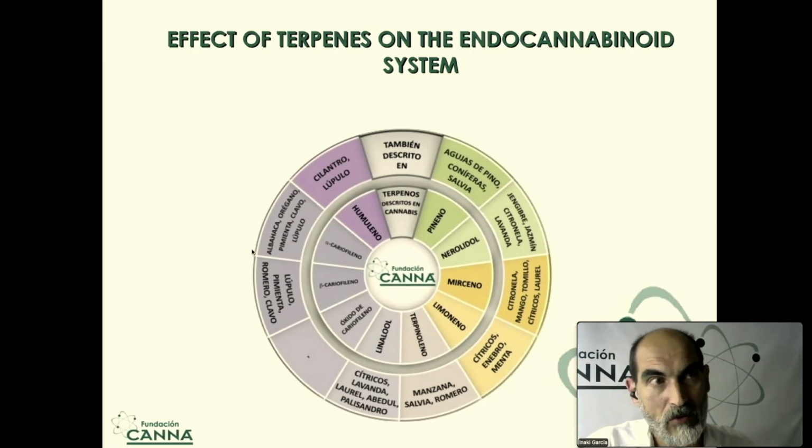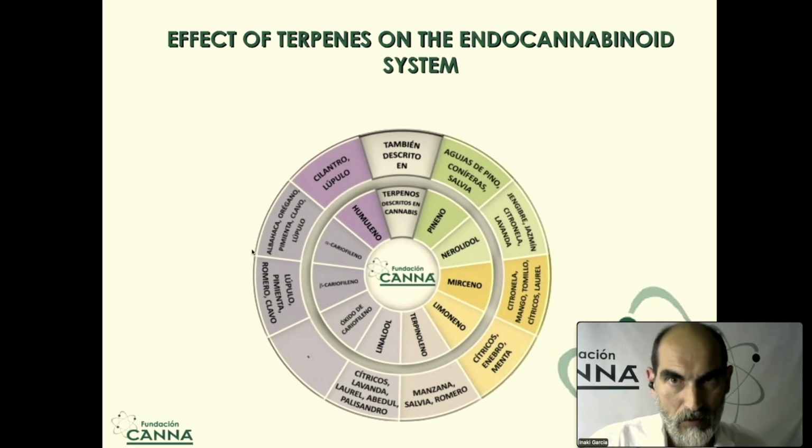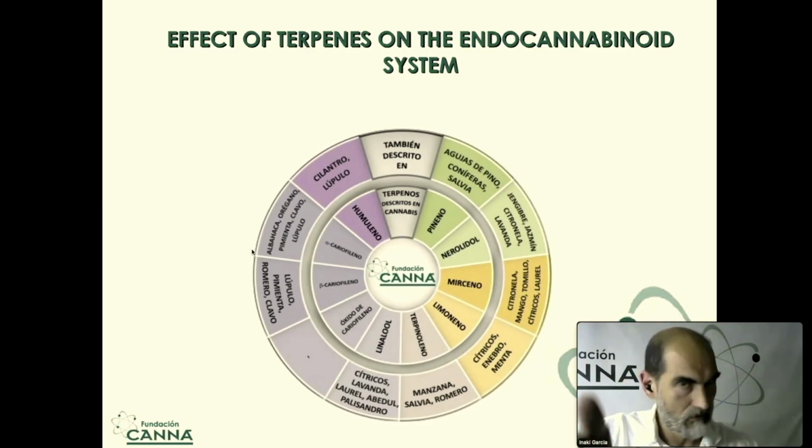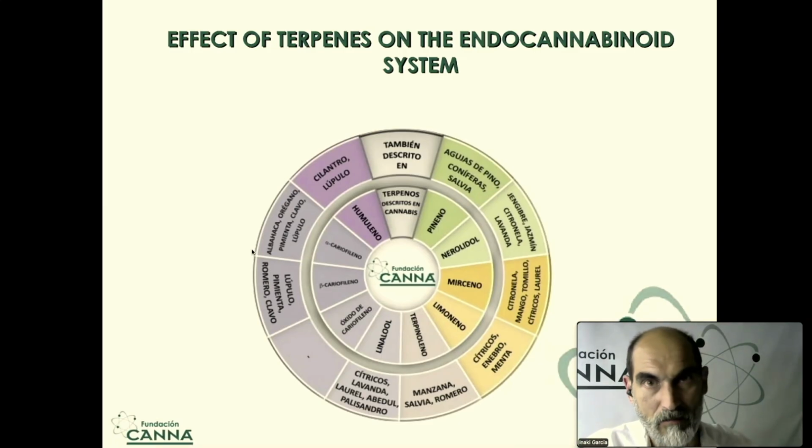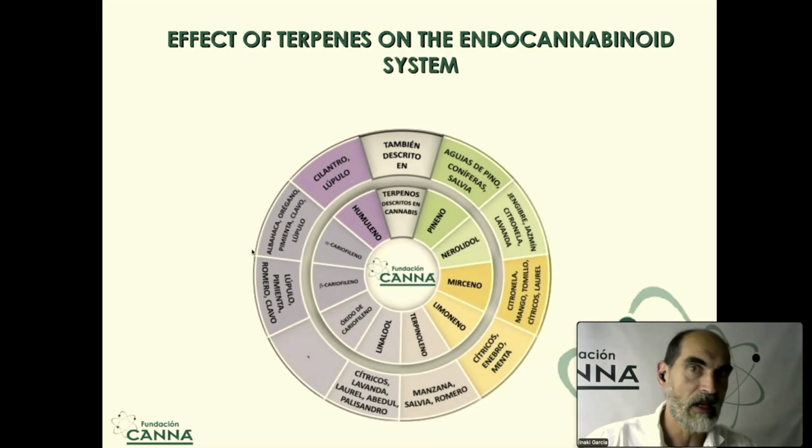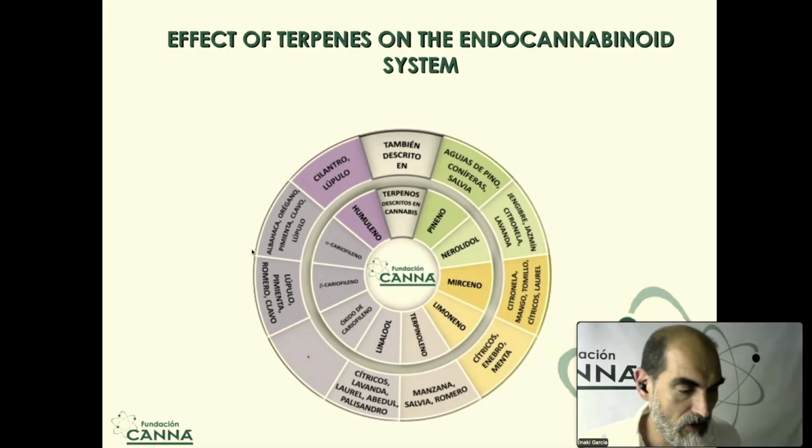We cannot think of the terpenes in cannabis from an isolated point of view. We cannot say, taking the same example, this plant is high in limonene, so wow, I am going to take it because I know that it has a synergistic effect with the THC.